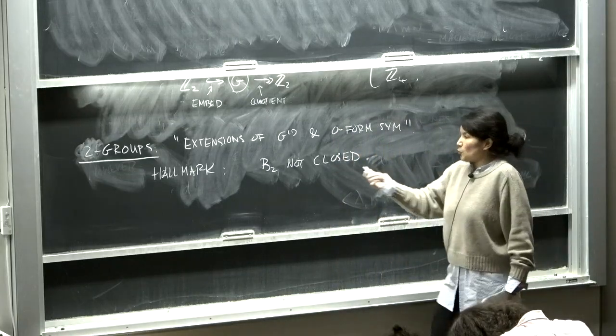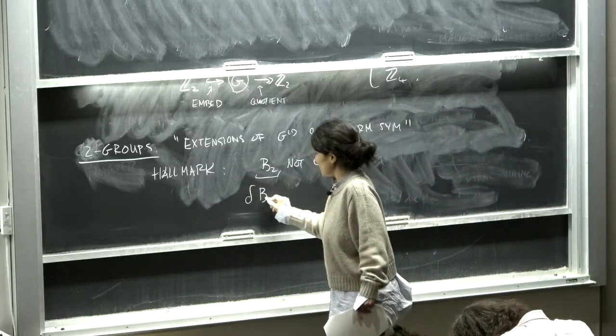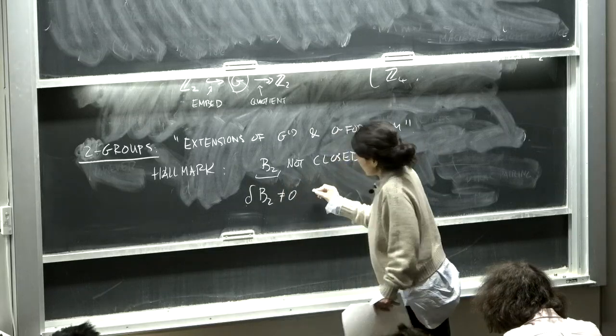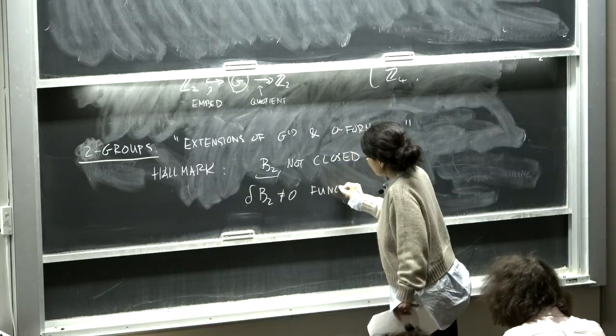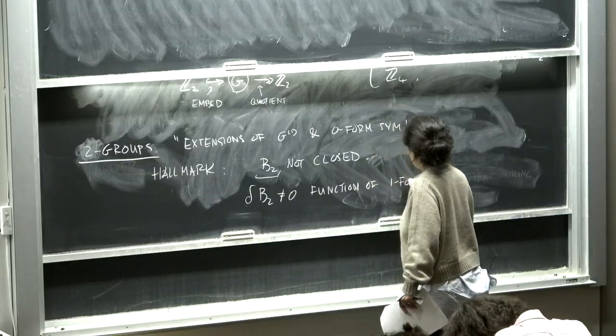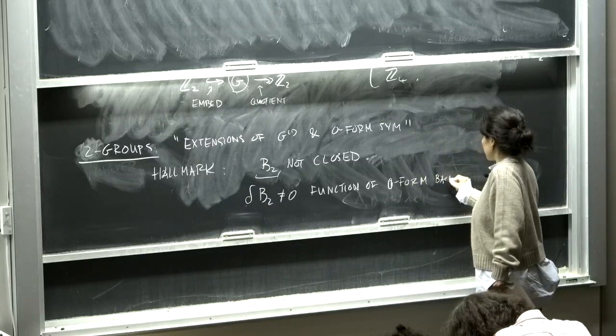So in fact, B2, this background field, has a variation. So delta B2 or dB2 is non-zero and is a function of the one form symmetry, the zero form symmetry background.